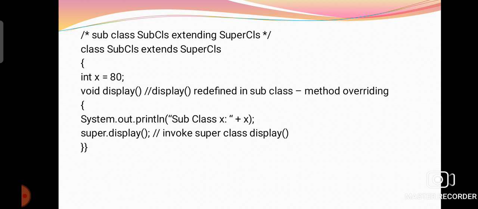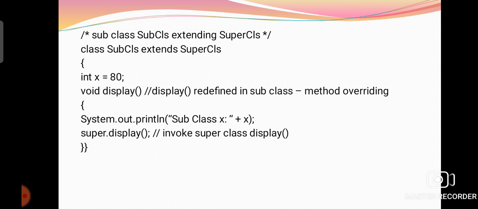After that, under the subclass method display, we can see we are calling the parent class method display. So under the subclass method display, we are calling the superclass method display. In this place we have to call the superclass method with the help of the super keyword only.